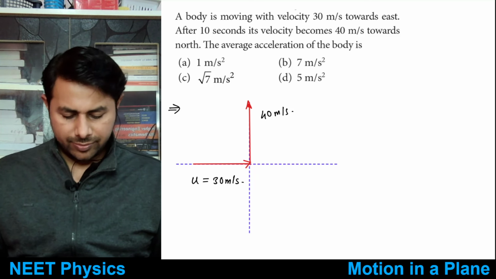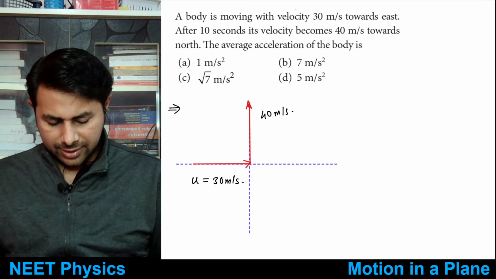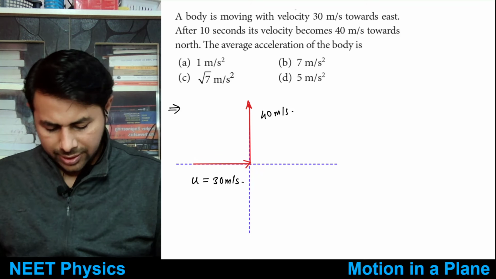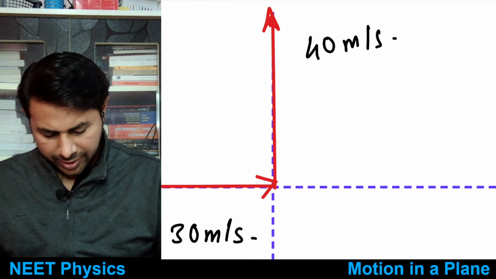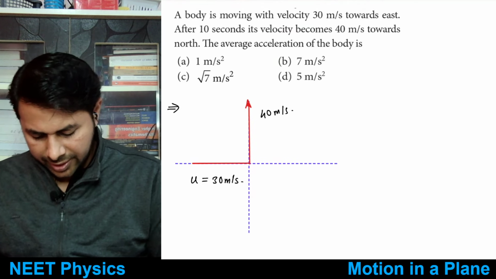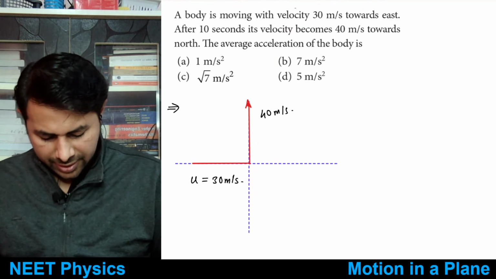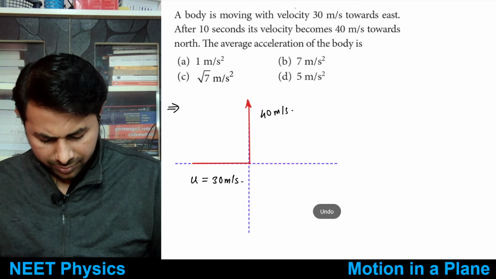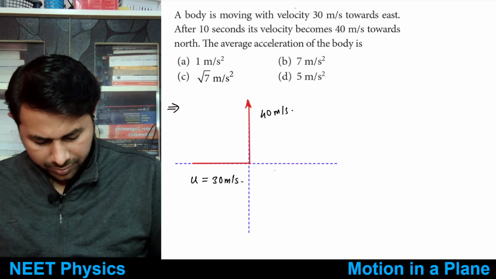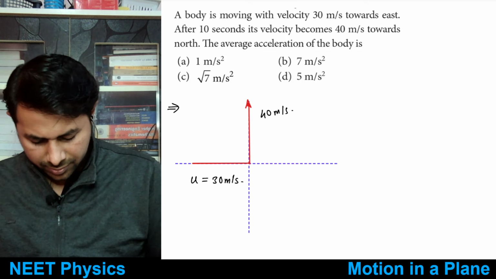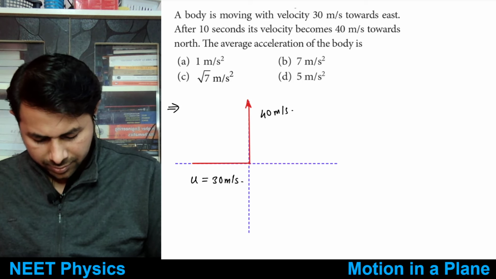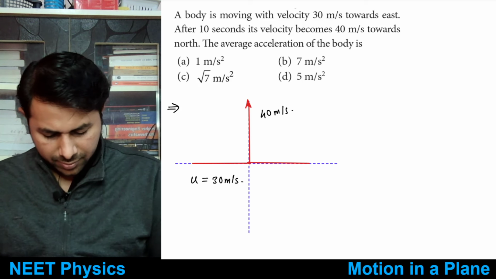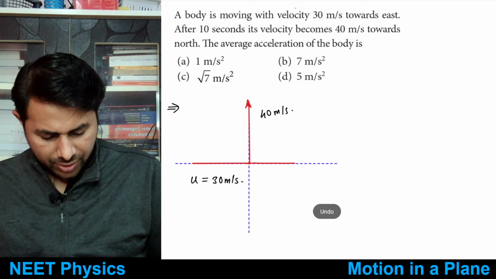What will you do? So u bar is directed like this, in this direction. Okay, so let me just draw it in this way. So let's say initial velocity is like this, it's directed like this. So this is my initial velocity vector.